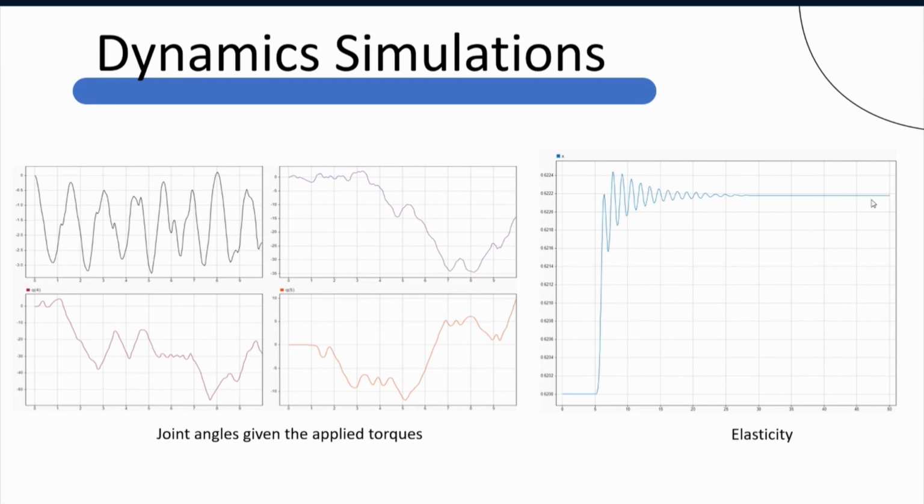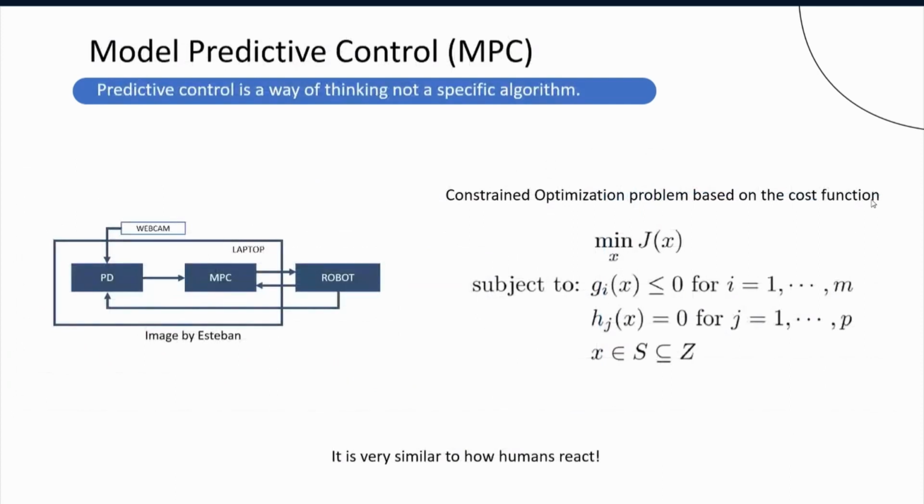So this is the dynamic simulations, and now it's time to talk about our controller, the model predictive control. We have it present here in this block. It directly controls the robot, and it takes measurements from the robot and also from pose estimation, because as I said, we are enabling human-robot interaction.